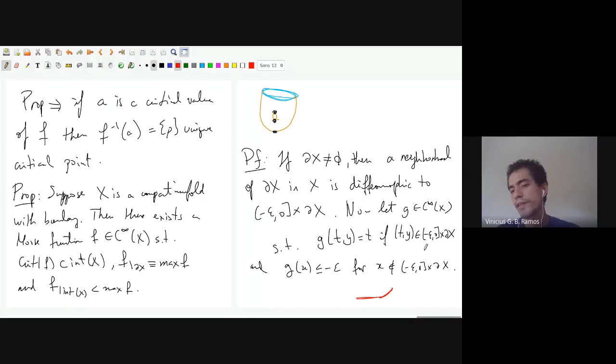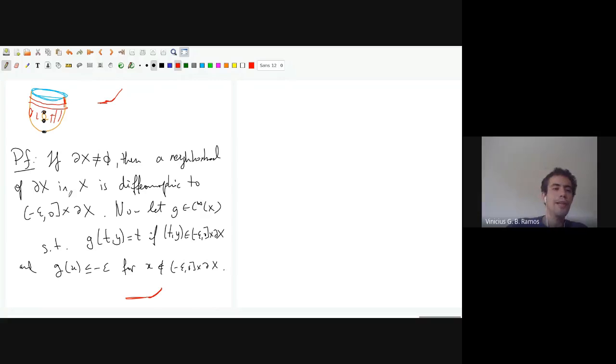You can extend the collar neighborhood and make it go down to being constant, and then define it to be constant everywhere else. So this is just a function that has this nice property that you control it near the boundary.